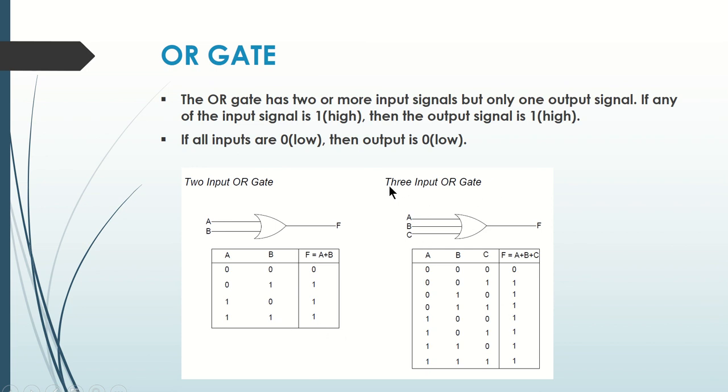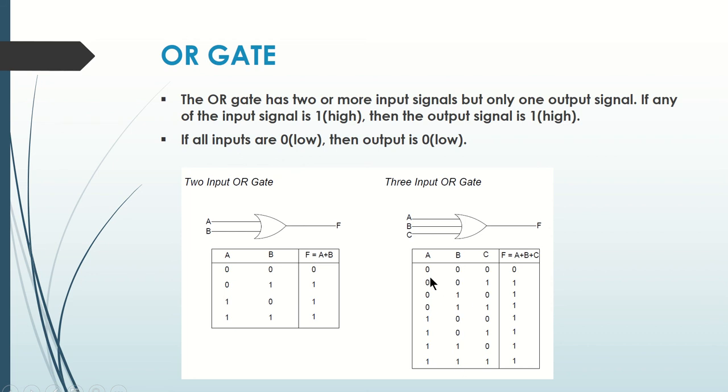And this is your 3-input OR gate. It will take 2 or more inputs. If there are 3 inputs, what will be the output? If any one of the inputs among A, B, C is high, then the output is high. If there are 3 inputs, there will be 8 different combinations, that is 2 to the power of 3, 2 into 2 into 2, which is 8.